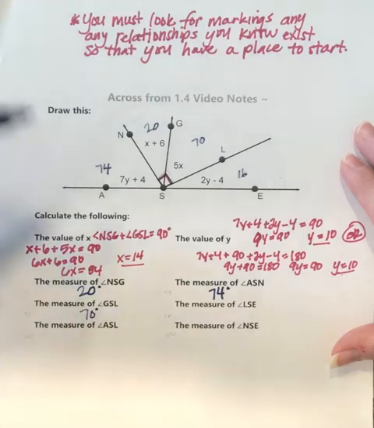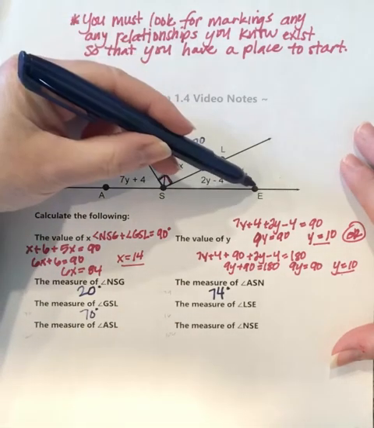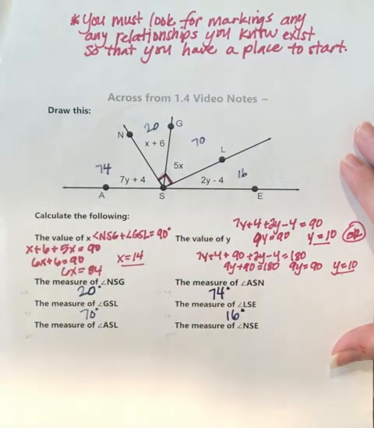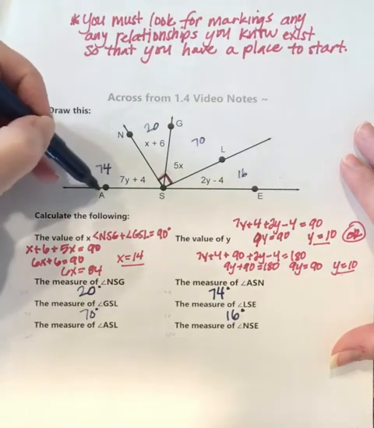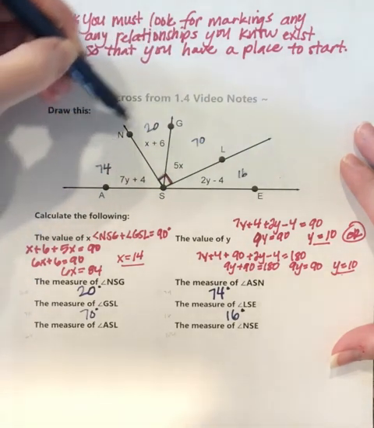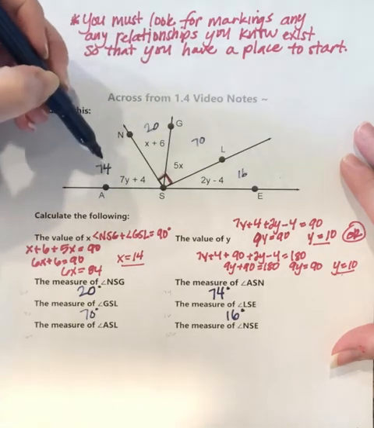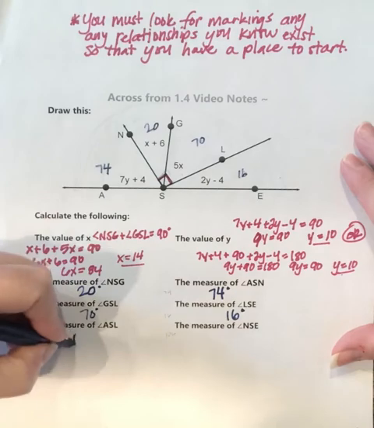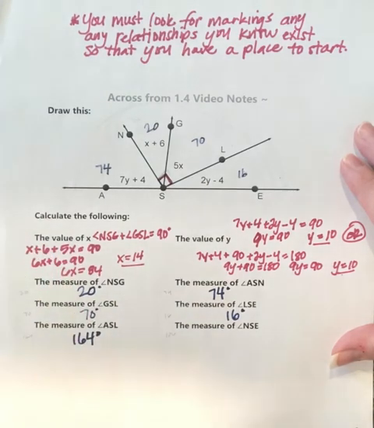The measure of angle LSE, again, that's this right here, 16 degrees. The measure of angle ASL, that's this whole thing here. So that's 74 plus 20 plus 70, that's 164 degrees.